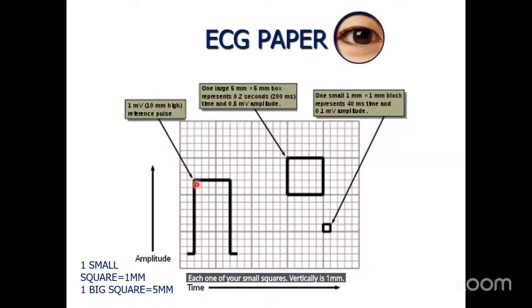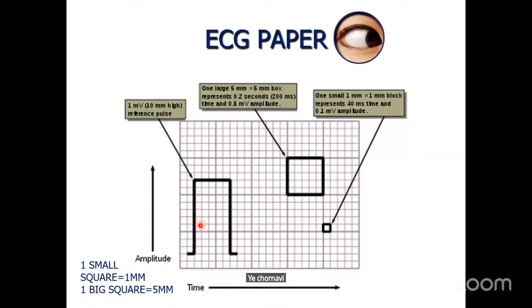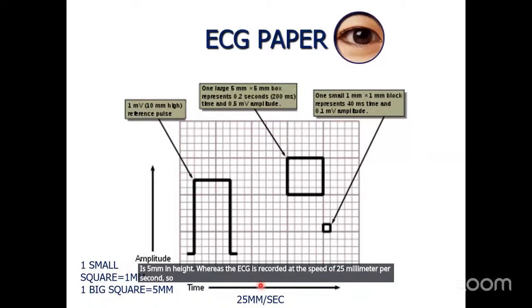Vertically, you measure the amplitude of the wave. So each small square is 1 millimeter, and each big square is 5 millimeter in height. The ECG is recorded at the speed of 25 millimeter per second. So when you record the ECG at this speed, you measure the time or the width of the complex horizontally.